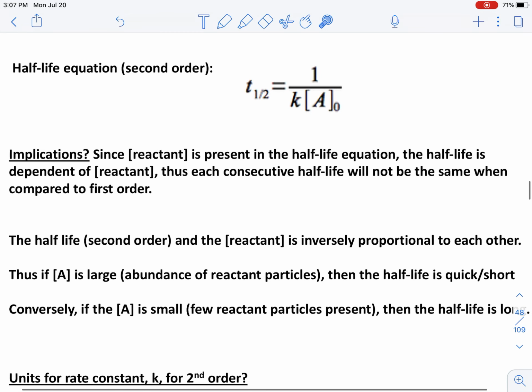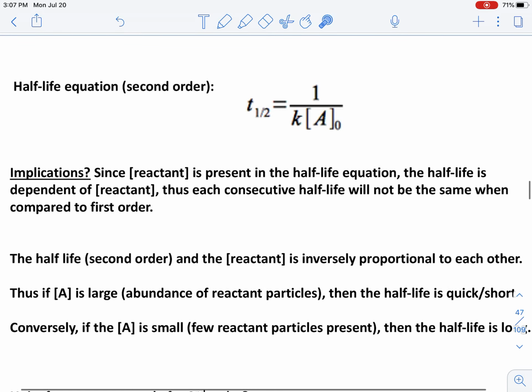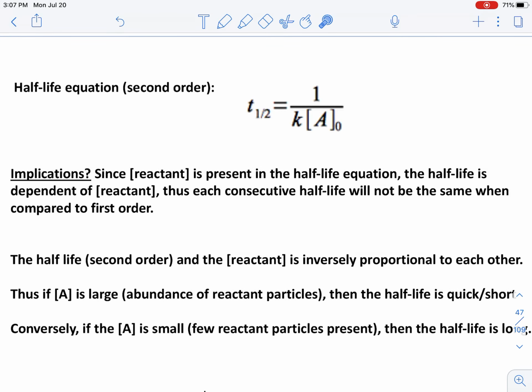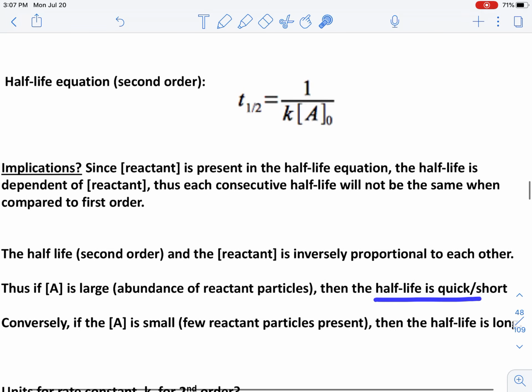All right, so there's some other things that we can infer just by looking at the relationship between T1/2, or the half-life, and the concentration of the reactant. Notice that in this equation, they are inversely proportional to each other. And so if the concentration of A is large, in other words, you have an abundance of reactant particles, then the half-life is going to be quick and short. Once again, they're inversely proportional to each other.